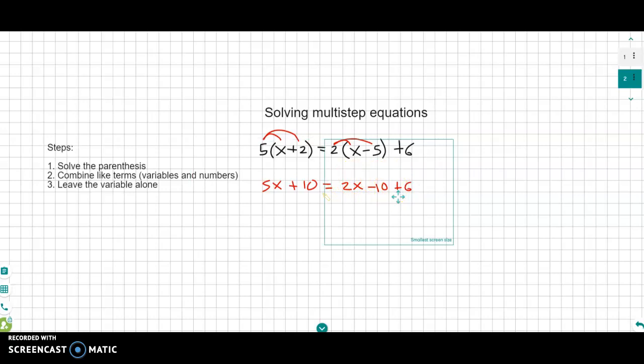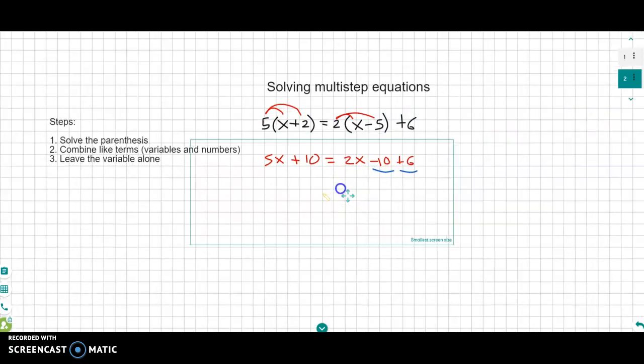But look that on this side of the equation we can add minus 10 plus 6 because they are like terms, they are numbers. So we can add them. That will be minus 10 plus 6, that makes minus 4. Alright, so we organize that information and we will have, it doesn't change the side of the equation, so 5x plus 10 equals 2x minus 4.